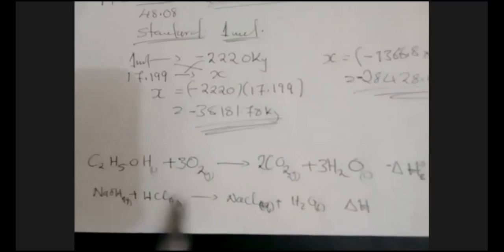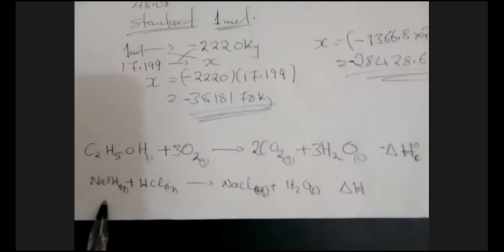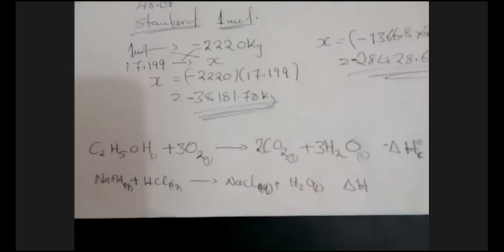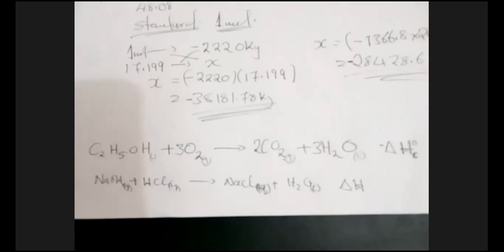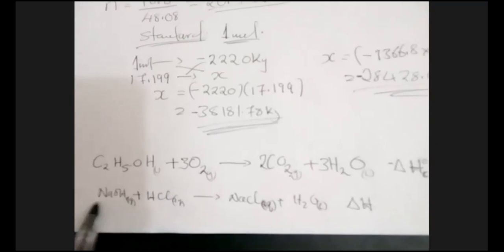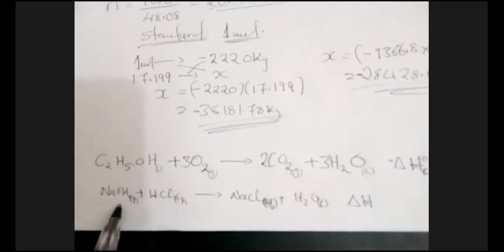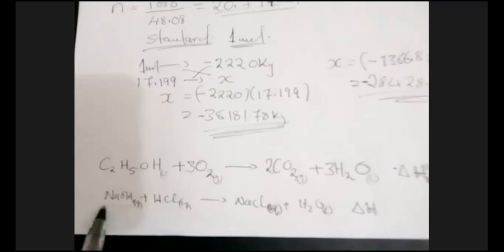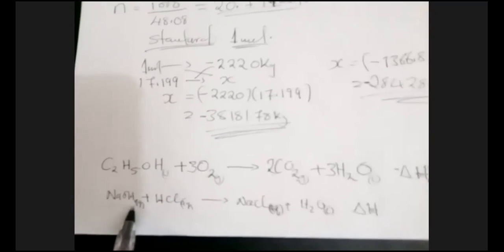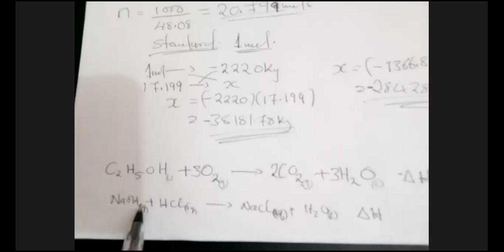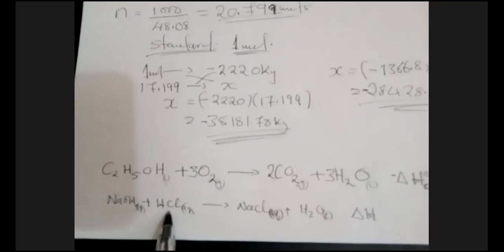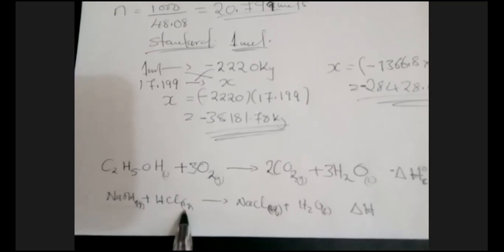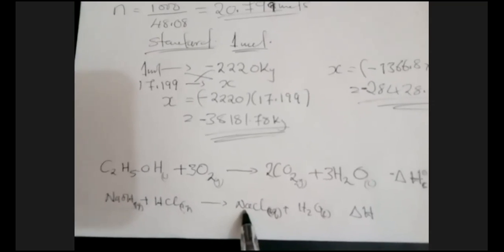The same for the neutralization. You are neutralizing, so what you are neutralizing should always be 1 molar. So you were neutralizing sodium hydroxide. This is the chemical formula for sodium hydroxide, and there is in brackets here aq, meaning aqueous, plus HCl aqueous to produce sodium chloride aqueous.